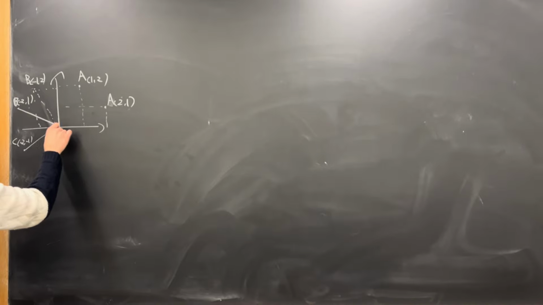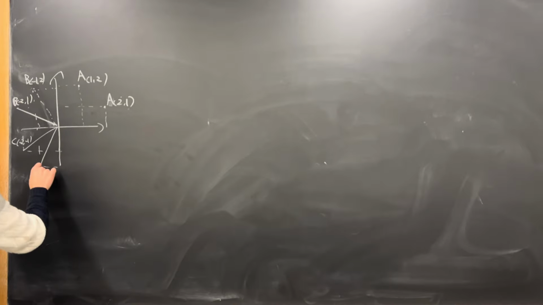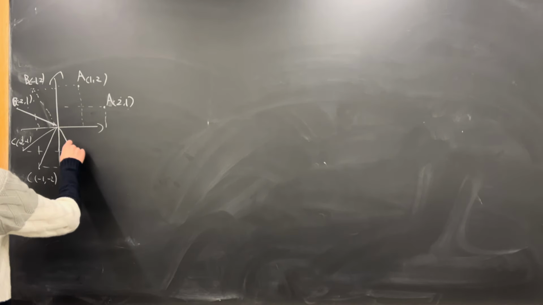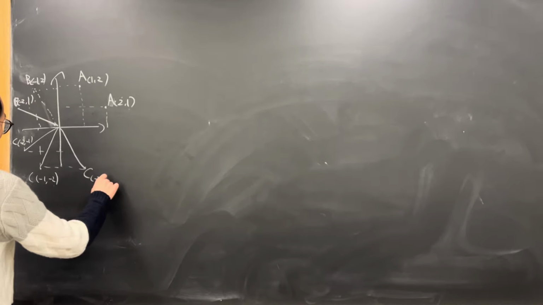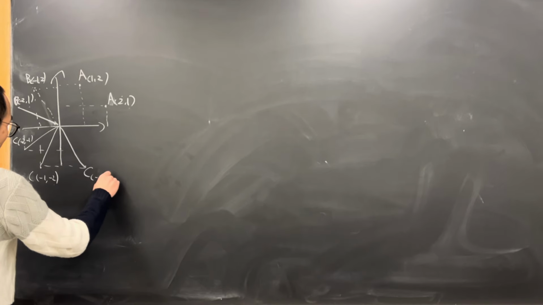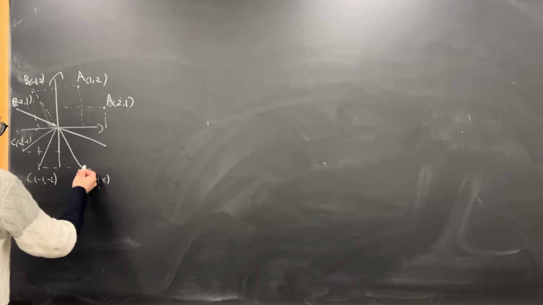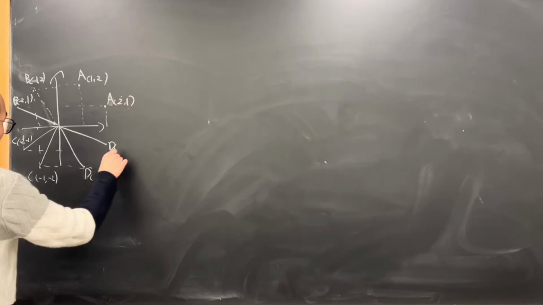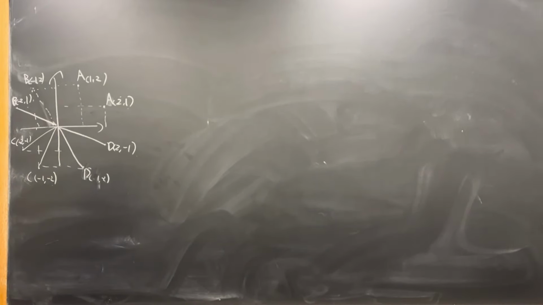Sorry, C of -1, -2. And this is letter D here, so this is 1, okay, so 2, -1.